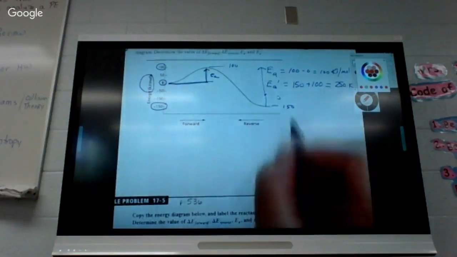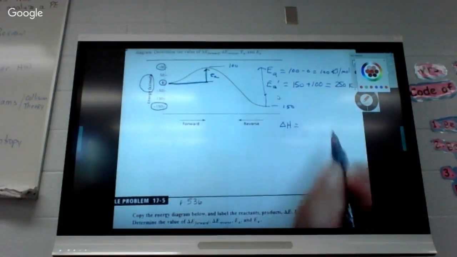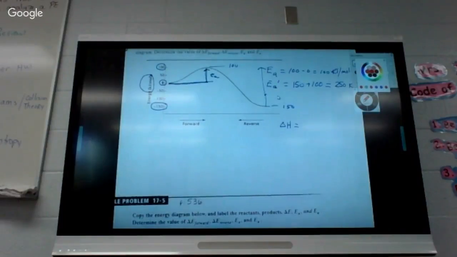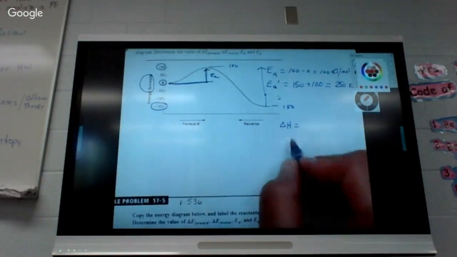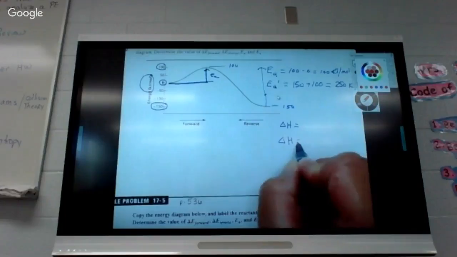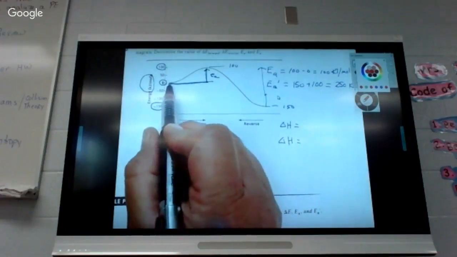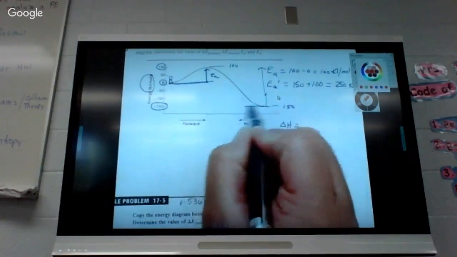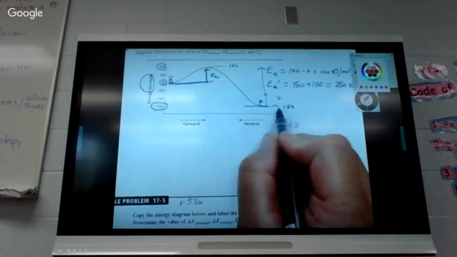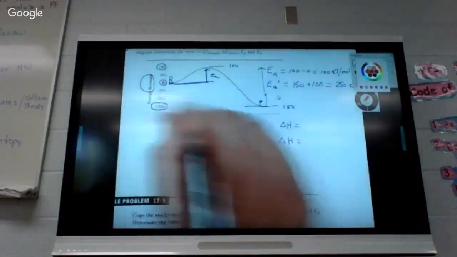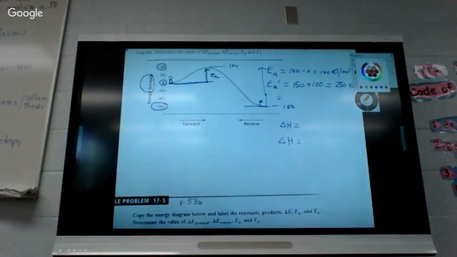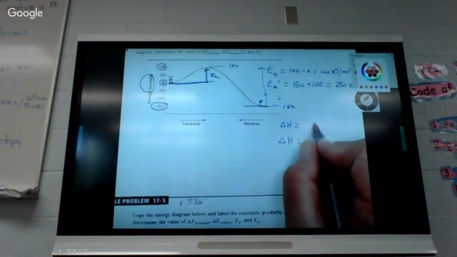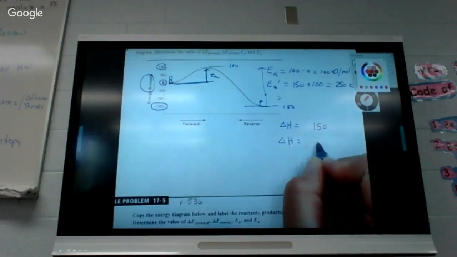Now, when you do delta H, you have to worry about your signs because those are positive and negative. Delta EA is not. So we're at the reactants, which are at 0. The products are at negative 150. So 0 minus 150 is 150, isn't it?